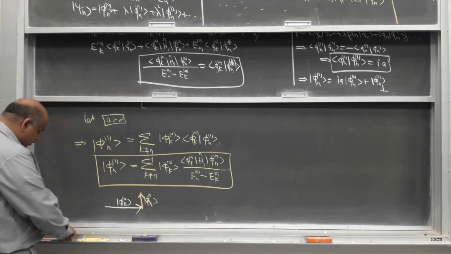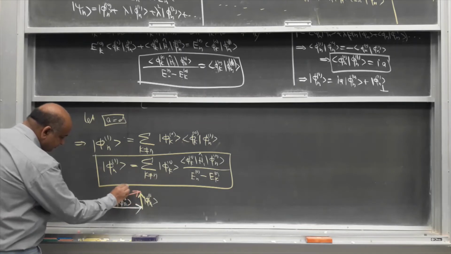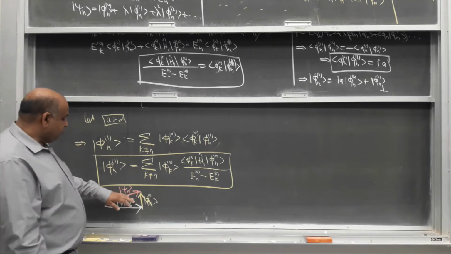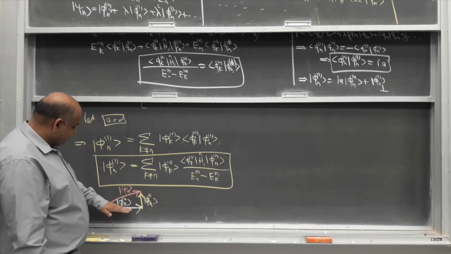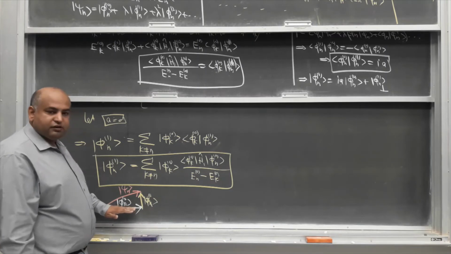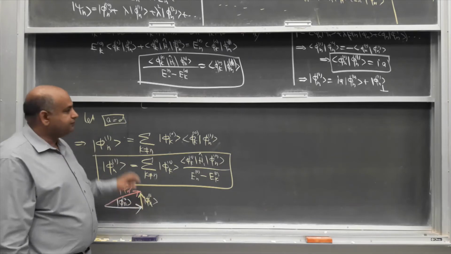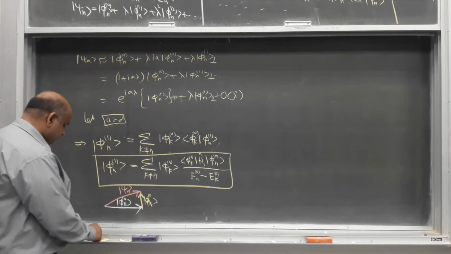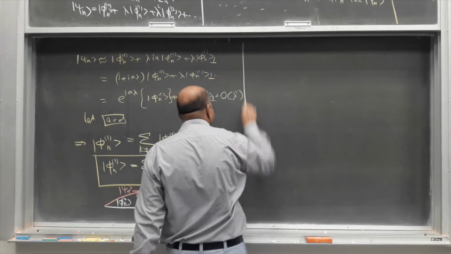So the total wave function psi is something like this up to first order in lambda. We only have one term, so the psi n is slightly away from the original phi n of the h0 function, and this is nothing but the sum of phi n0 and phi n1. Okay, so this is how we were able to get the first order corrections to energy and wave function.